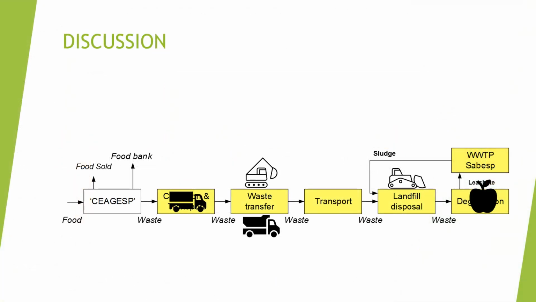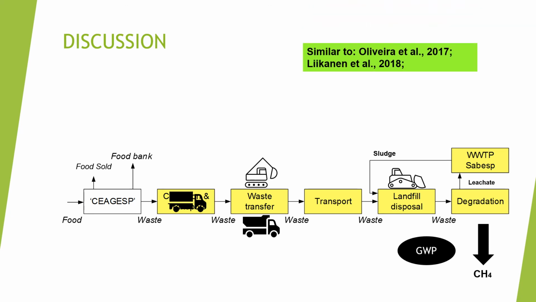Discussion. In global warming potential, the greenhouse gases emissions is dominated by methane generation from waste degradation in landfill. This is confirmed by the works of Oliveira and Lincoln on two waste management scenarios in Brazil, considering the landfill option. Another confirmation is provided by the work of Zile Rodriguez about a landfill in Peru.